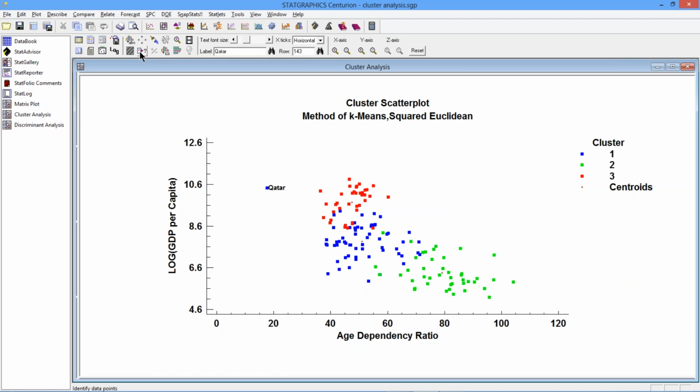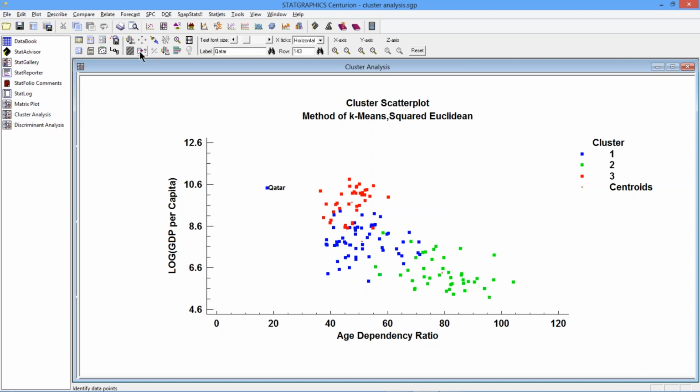A question, can neural nets be used in Statgraphics for clustering? Not currently. We have not implemented that. Perhaps through the R interface that we have, you could do it, but there's nothing native to Statgraphics that would let you do that.